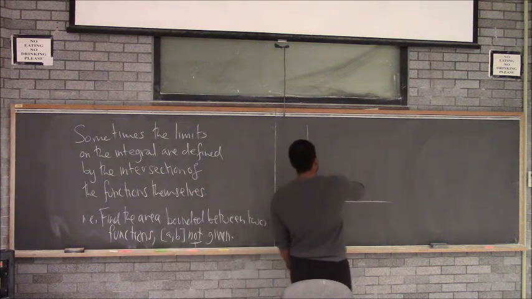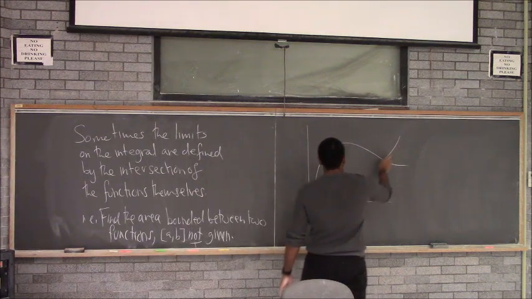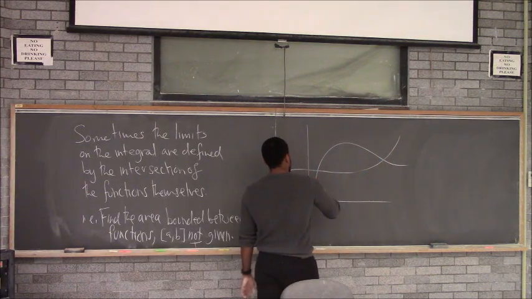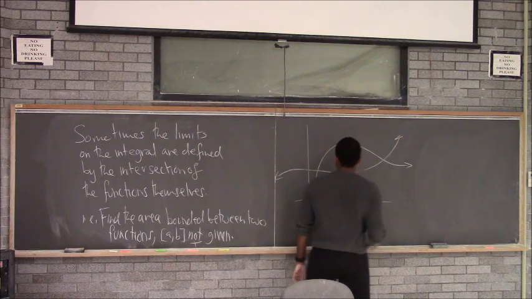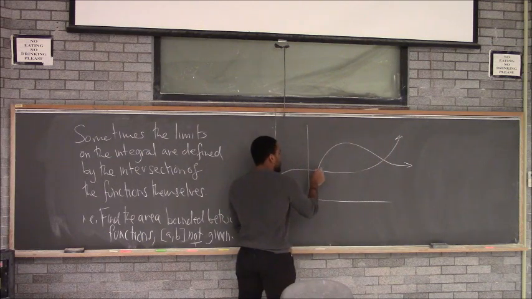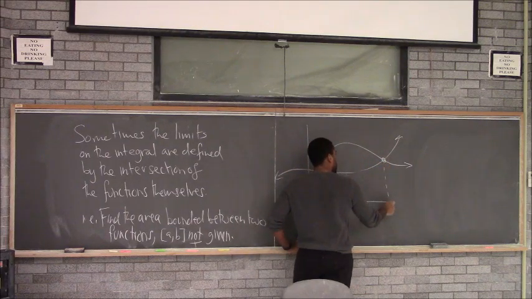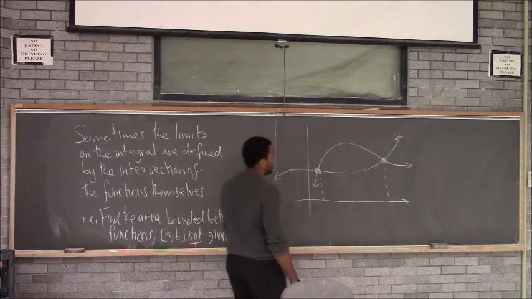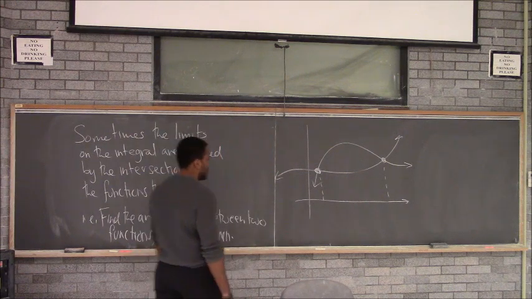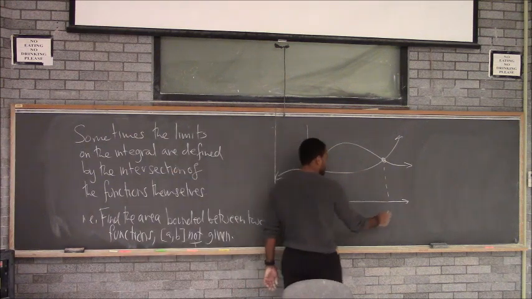So sometimes what will happen is you'll have two curves doing their thing, and the intersection points will define the points that you integrate between. And that can define your a and b.